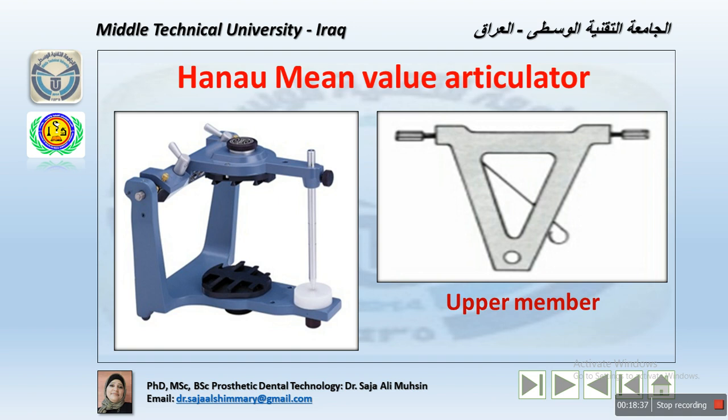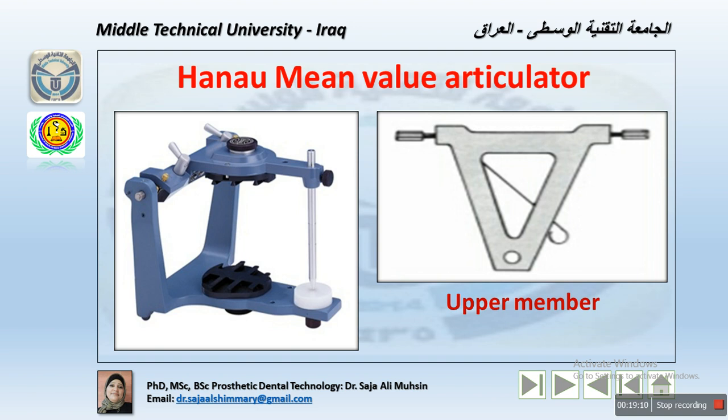Now, the vertical rod can be locked in position within the upper member with the help of a thumb screw. The two condylar elements that represent, as we mentioned previously, the mandibular condyle, are seen projecting on either side of the base of the triangle. Also, they articulate with the condylar guidance of the lower member.